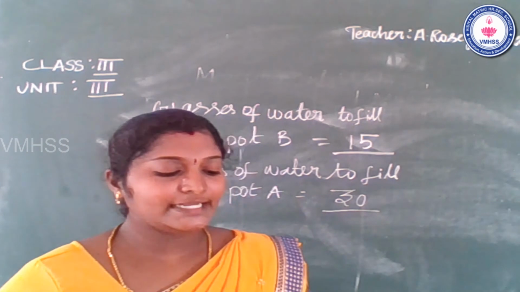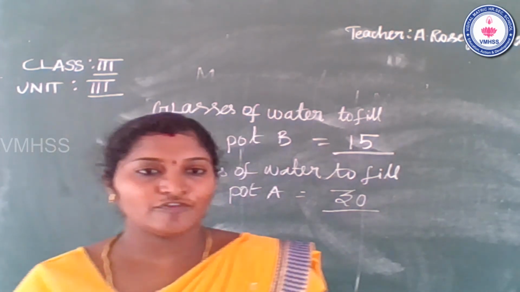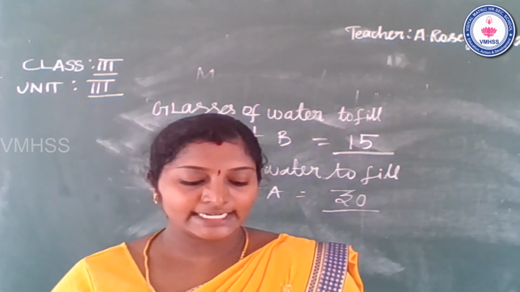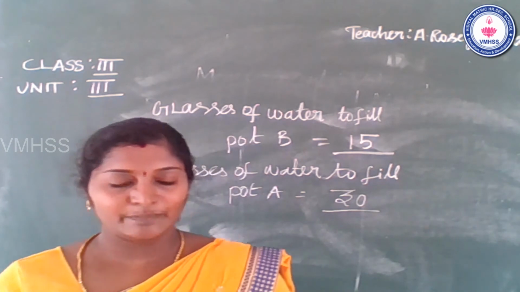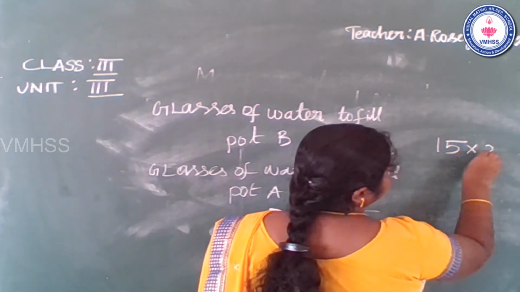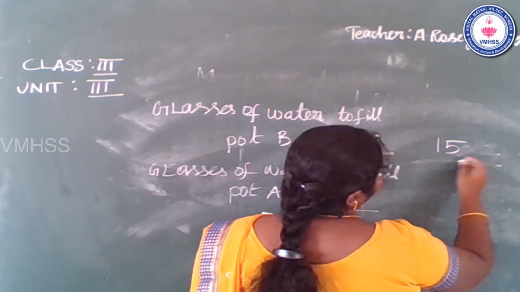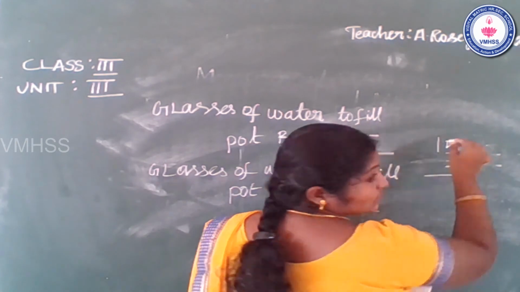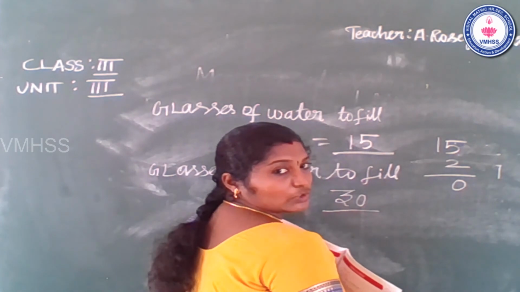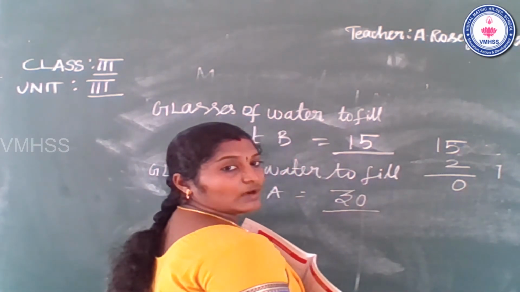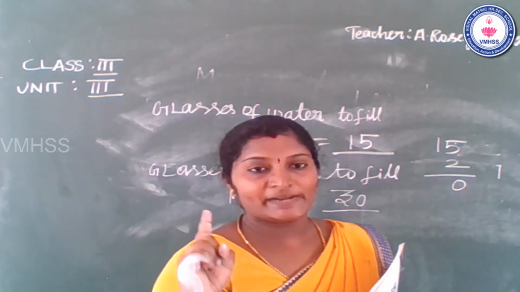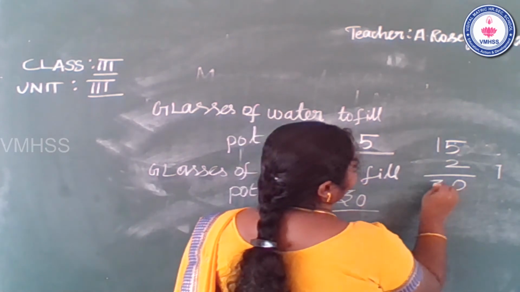Pot B holds 15 glasses of water, and pot A holds double the amount of pot B. So 15 doubled: 5 plus 5 is 10, balance 1, 1 plus 1 is 2, then 2 plus 1 is 3.